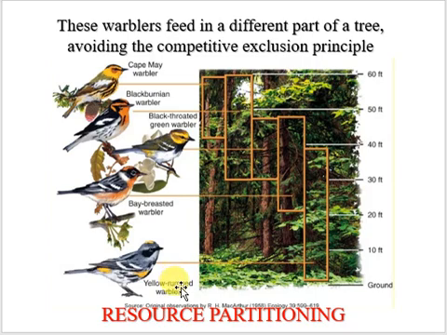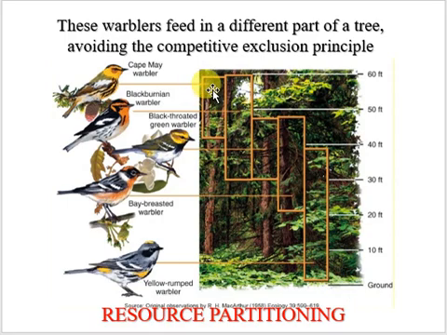And the yellow-rumped warbler is more of a ground feeder, in that its prime area for feeding is on the lower branches and right at the bases of the middle branches of the trees.